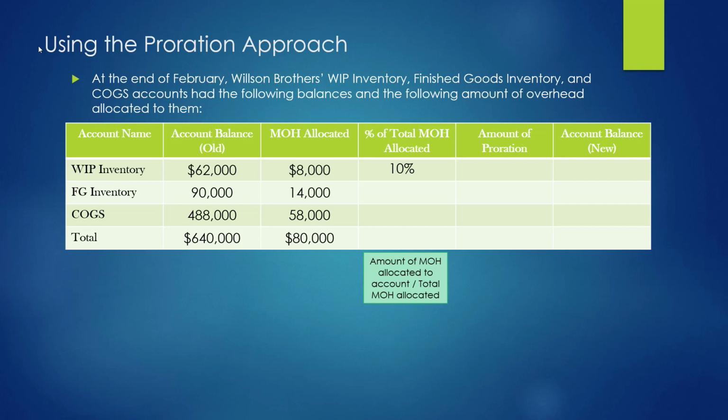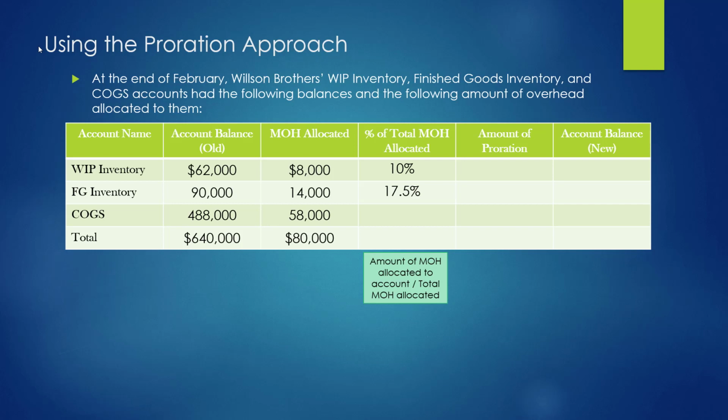For finished goods, $14,000 of overhead has been allocated to jobs which we have finished but not yet sold. Out of the $80,000 worth of overhead we allocated in total across all jobs, that means that 17.5% of the overhead that we allocated ended up in jobs which are considered at this point to be finished goods inventory.